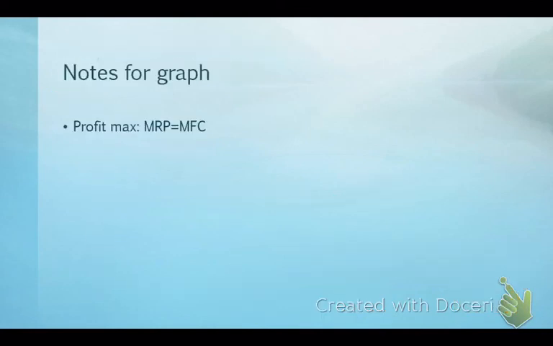Notes for the graph. Profit maximization. In the product market, we have MR equals MC. And in the factor market, we have MRP equals MFC. That's where profit maximization occurs, where those curves cross, that's where the firm is going to produce. MRP equals MFC.